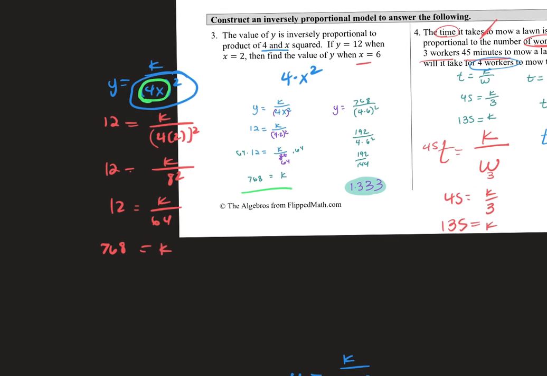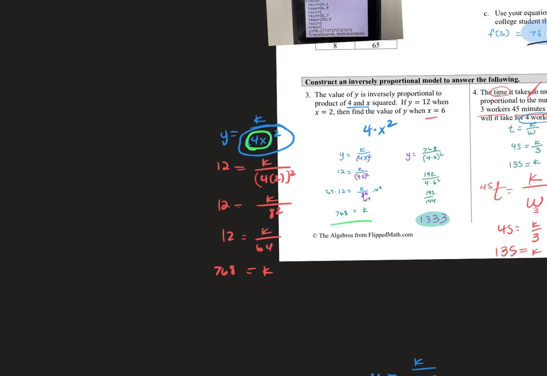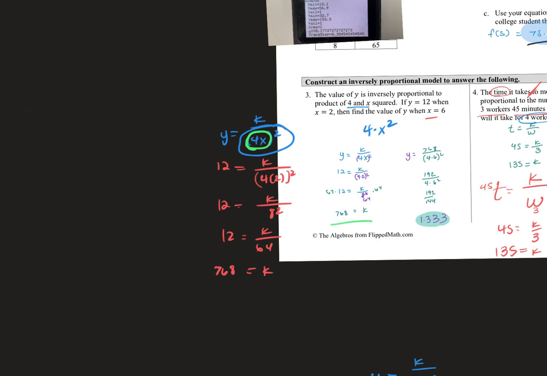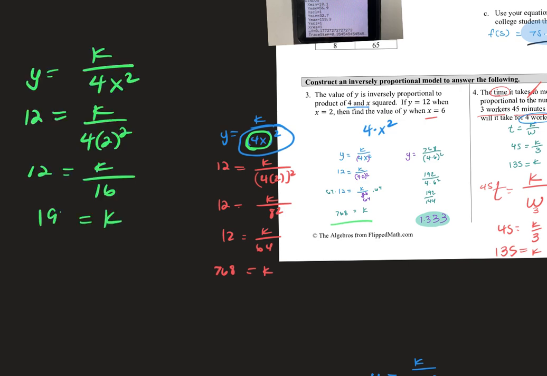So here, look. I did y is inversely proportional to the product of 4 and x squared. So let's do it this way first. If y is 12 when x is 2, then I'd get 12 equals k over 16, and k equals 12 times 16, which was 192.